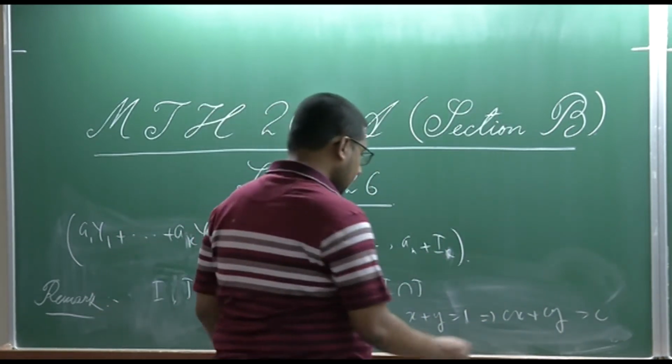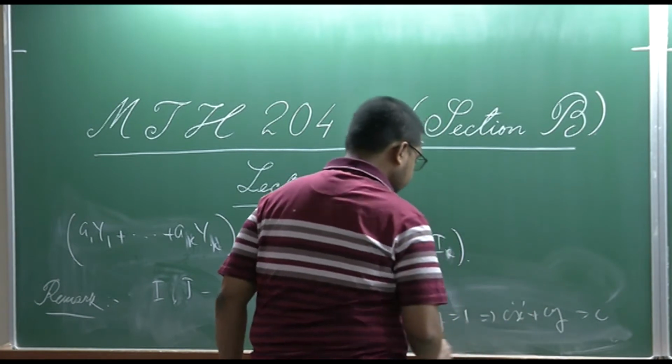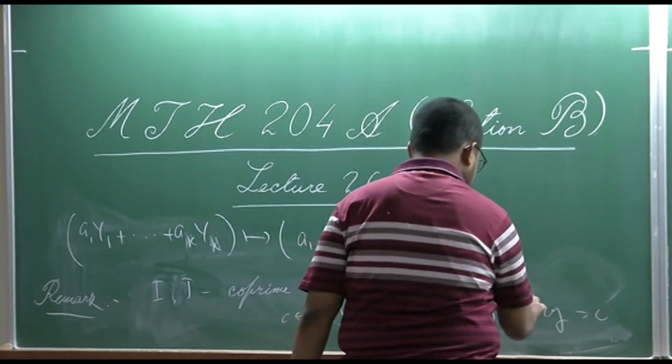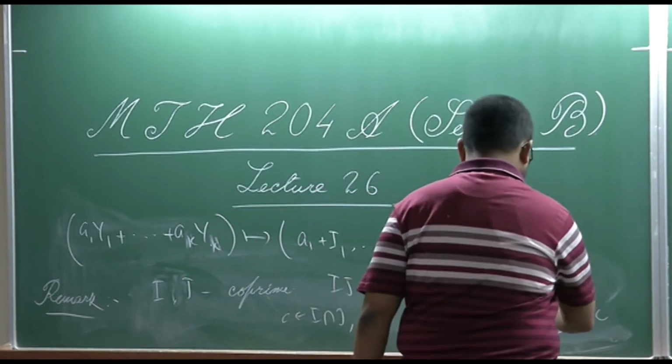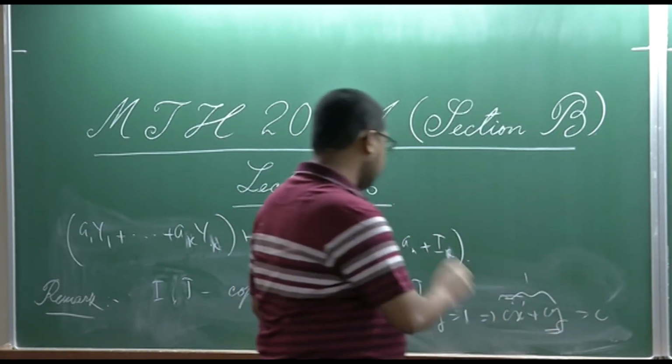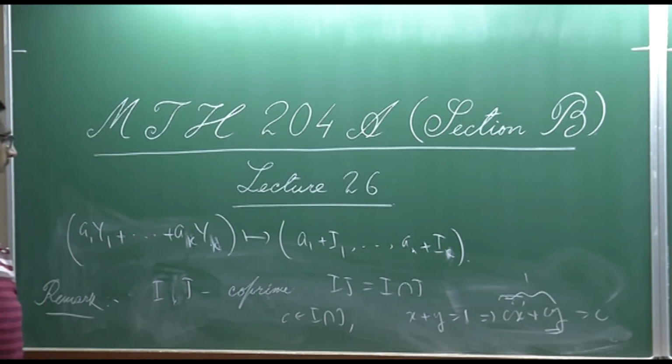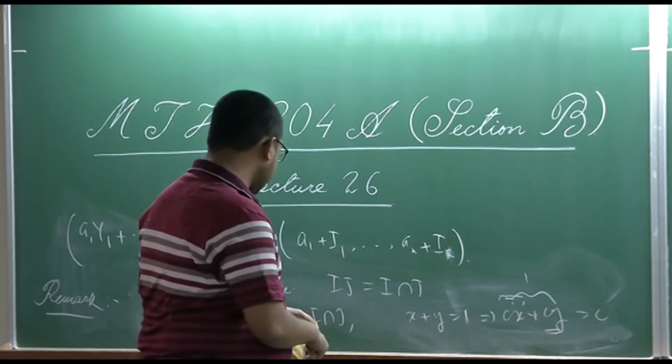Now, here you see that x was from I and c is from J, so this is a term in IJ, and similarly this is a term in IJ, so the left hand side belongs to IJ, and so does the right hand side. So, for 2 ideals it is quite clear.